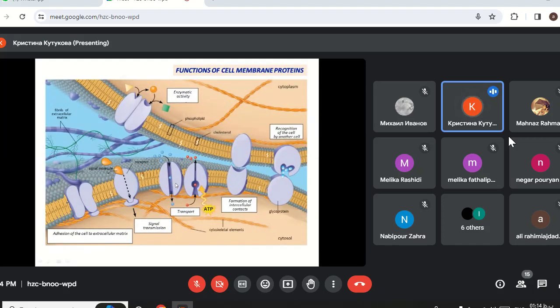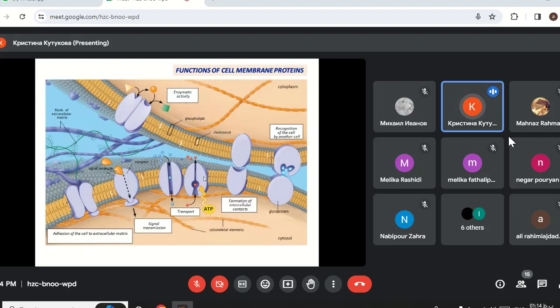Ion channels can be opened or closed, and they allow the ion molecules to pass along the concentration gradient. In this case, this is also a transport protein, but it's not a channel, it's a pump. It's an ion pump that can pump ions against the concentration gradient with the help of ATP molecules. So this protein will be called ATPase, or ion pump.